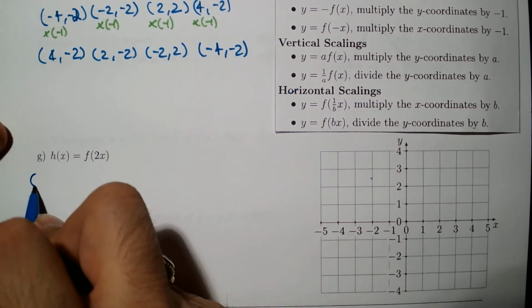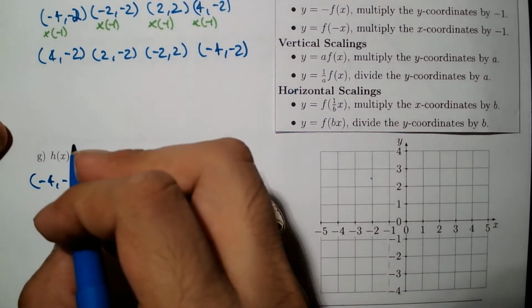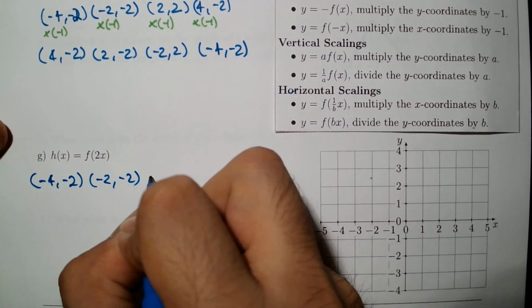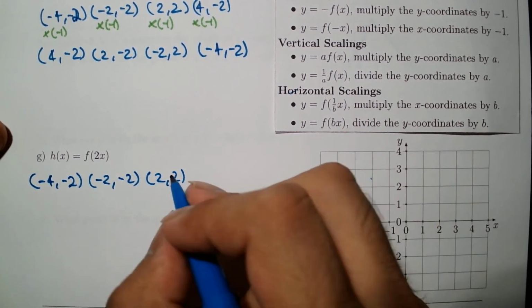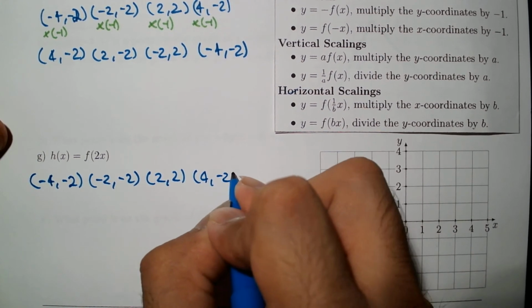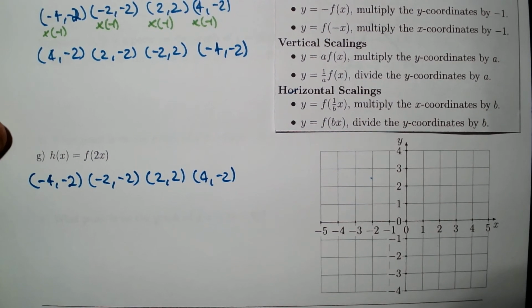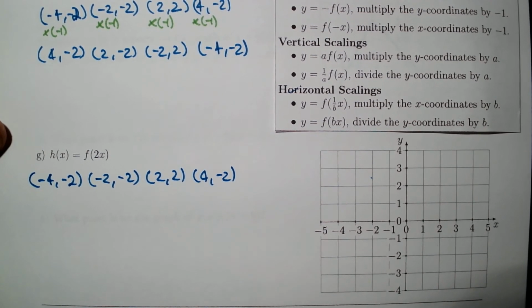So same points: (-4, -2), (-2, -2), (2, 2), (4, -2). Okay, so what are we going to do? Divide the y coordinates by 2.